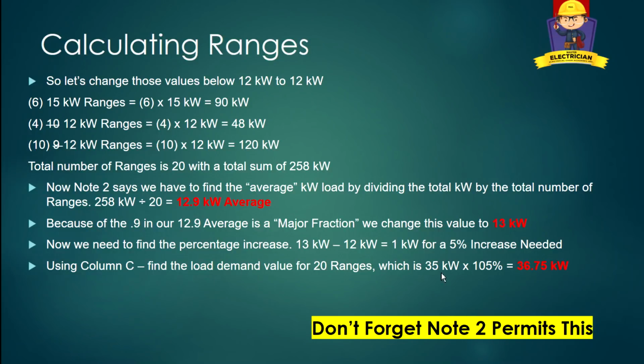And that was 35 kW times 105%. Just like we did before, I like to put the 5% on top of the 100 as it makes the calculations a little easier. So 35 kW times 105% equals 36.75 kW. And that's the basis of using Note 2 here.